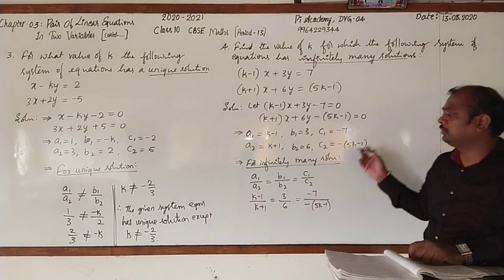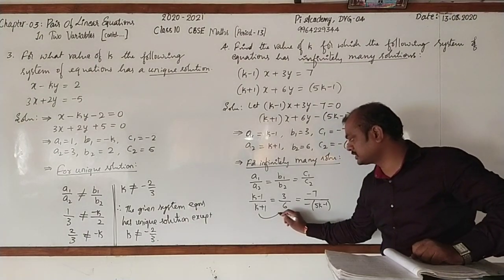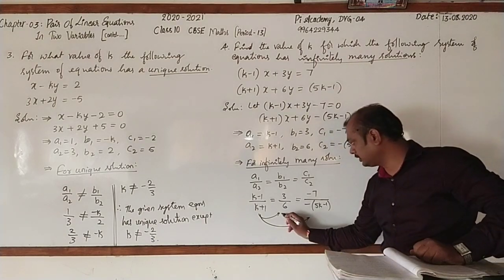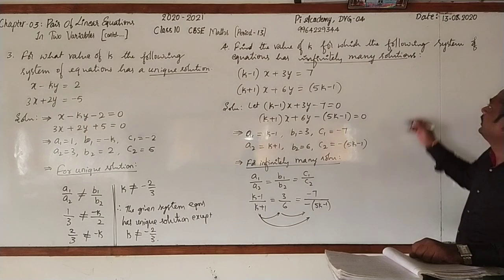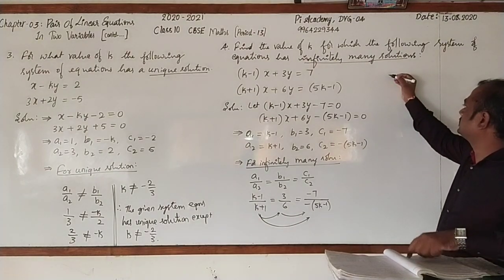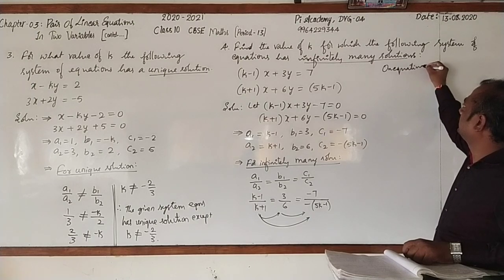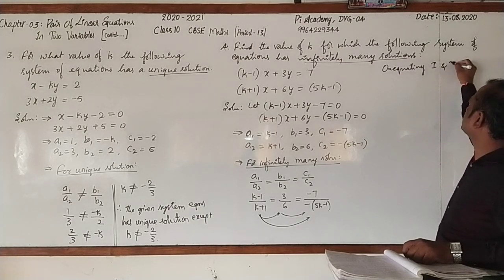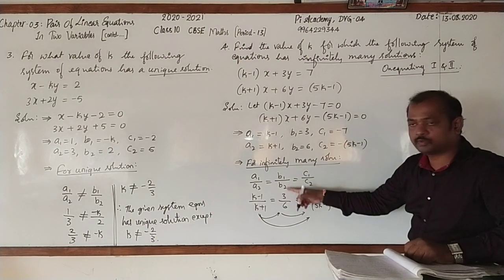Better now? Yes. Then how do you go for finding k value? You may equate first and second or first and third. You may equate second and third, second and first. Clear? I will go for equating first and second. It is a1 by a2 is equal to b1 by b2.